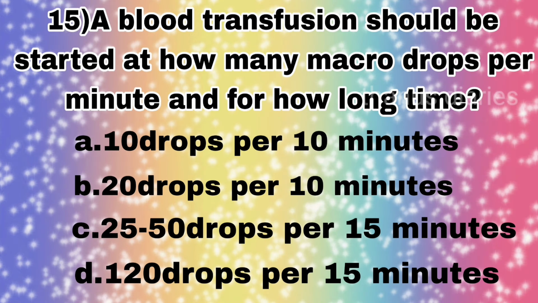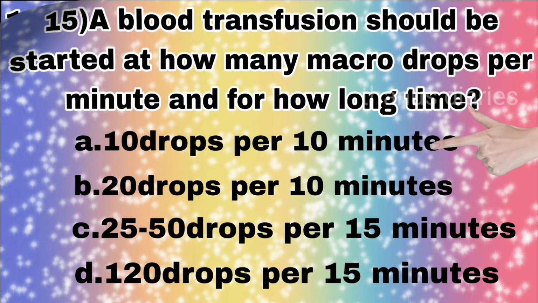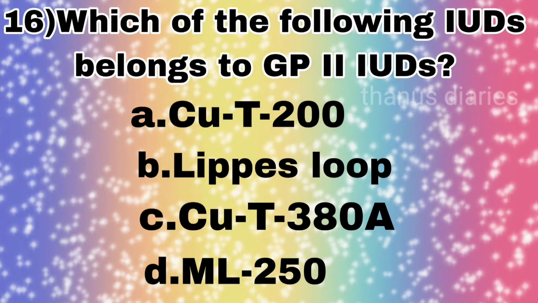Next question. A blood transfusion should be started at how many macro drops per minute and for how long time? 10 drops per 10 minutes, 20 drops per 10 minutes, 25 to 50 drops per 15 minutes, 120 drops per 15 minutes. It's 10 drops per 10 minutes. Next question. Which of the following IUDs belongs to group 2nd IUDs?